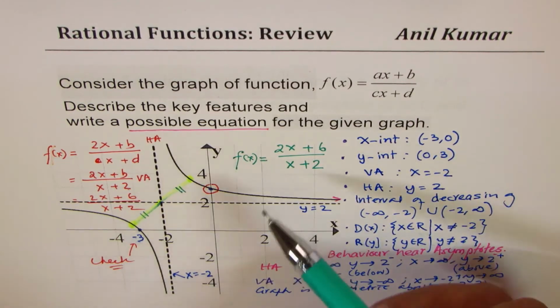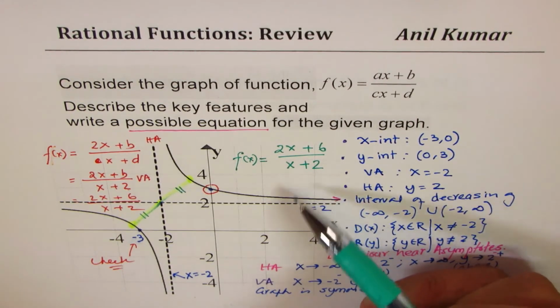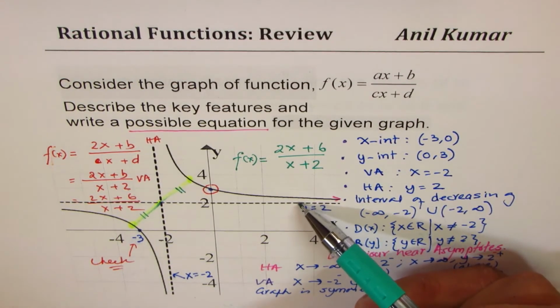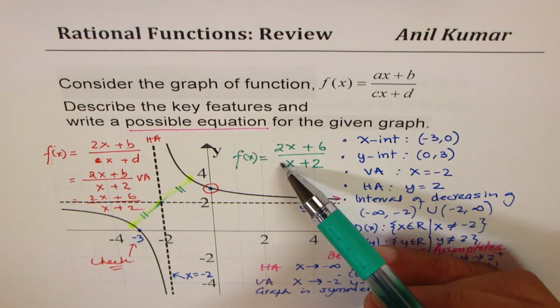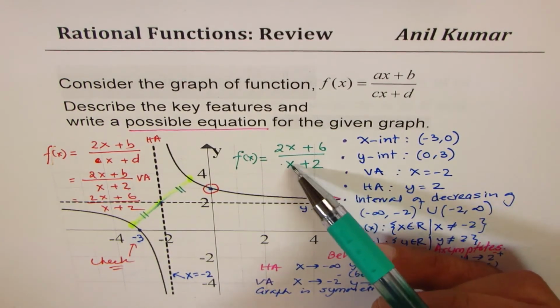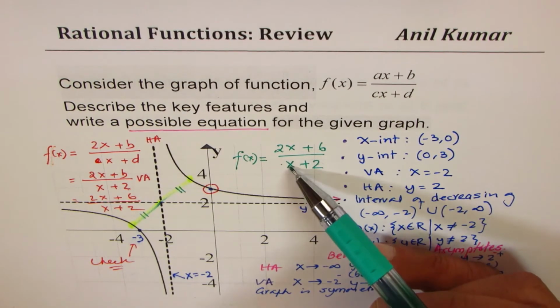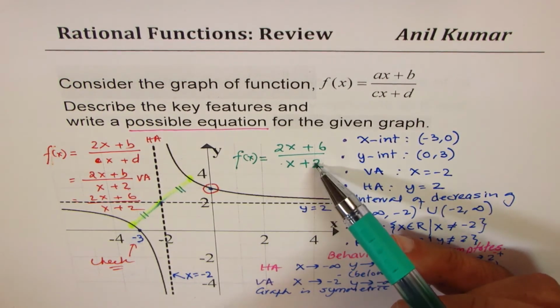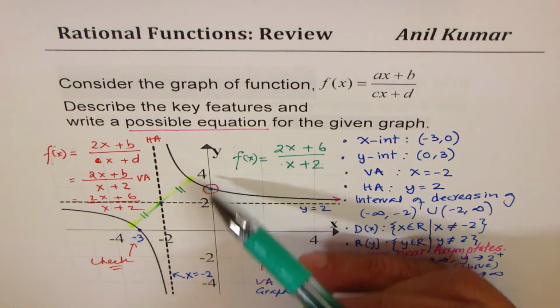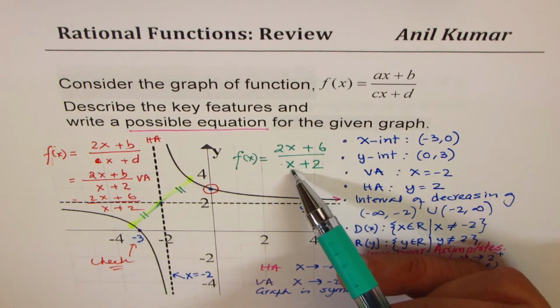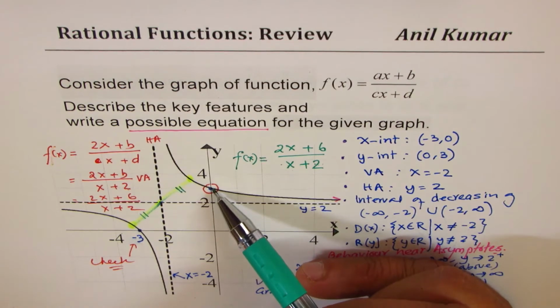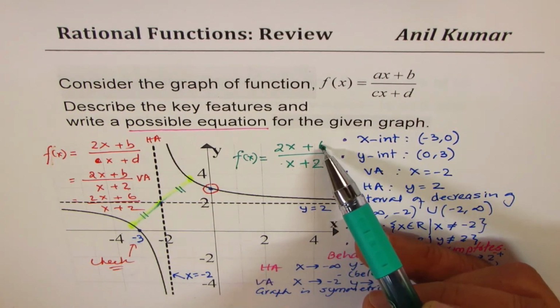Right? So again, let's begin. When we talk about this horizontal asymptote, this ratio is 2. Now, if we talk about the vertical asymptote, you could start from anywhere. For -2, it is 0, correct? Then you could do either this intercept or that. We prefer to put x as 0. And the y-intercept is 3, so this should be 3 times 2, which is 6.